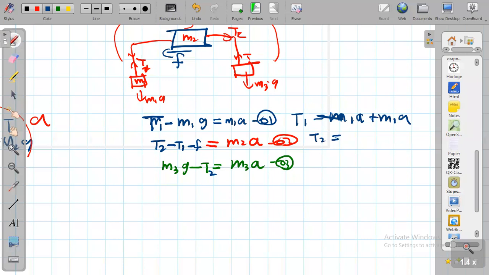T2 equals what? M2A plus frictional force plus T1.